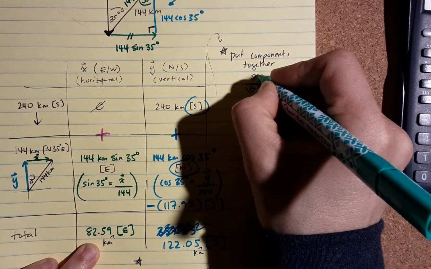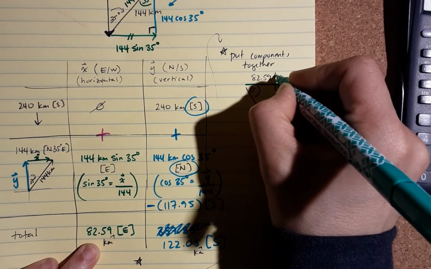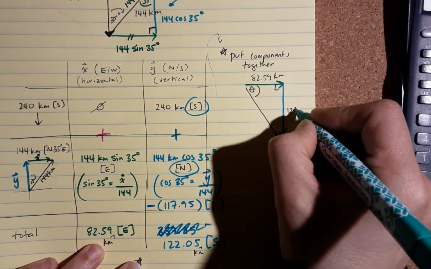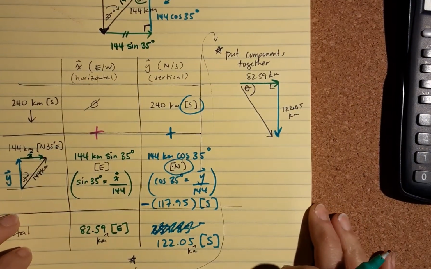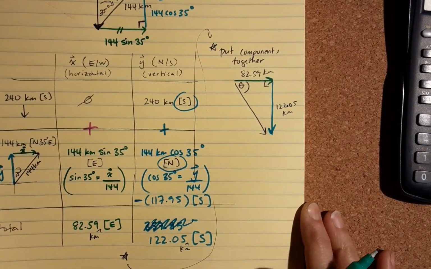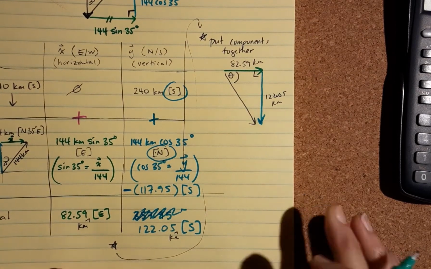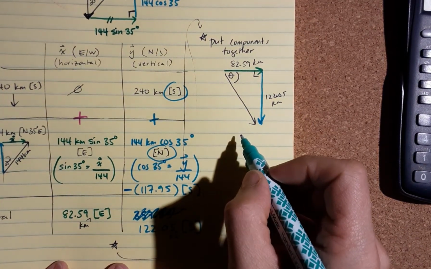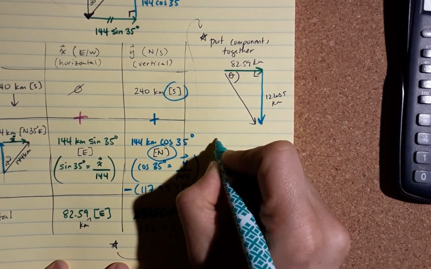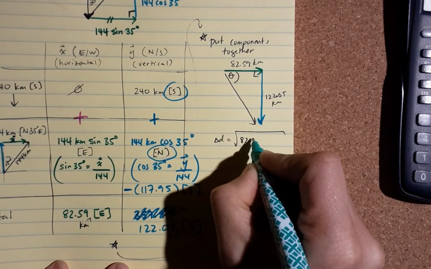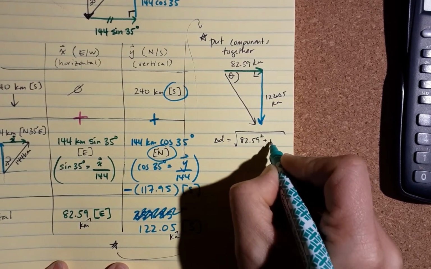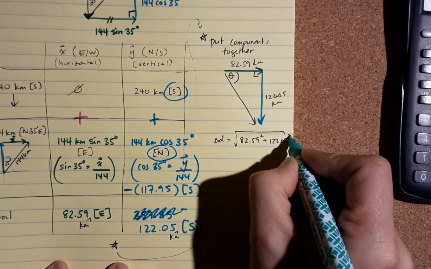Okay, so this is 82.59 kilometers. This one's 122.05 kilometers. So I'm going to use Pythagorean theorem to get the magnitude. 82.59 squared plus 122.05 squared.